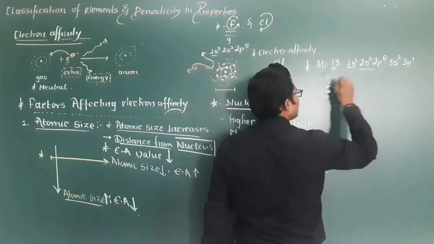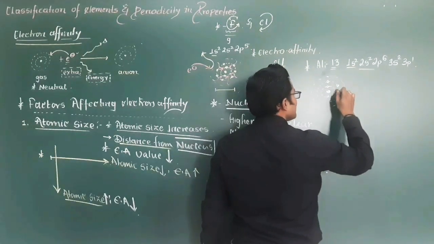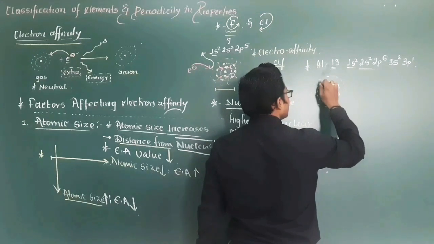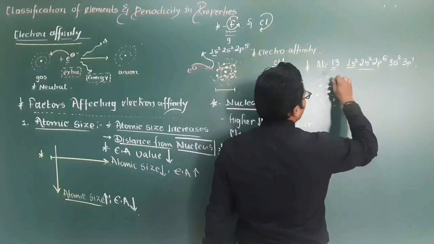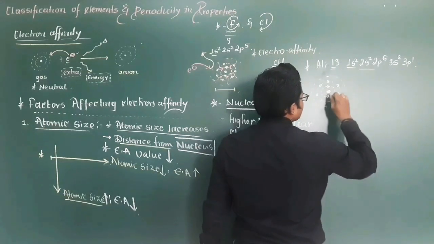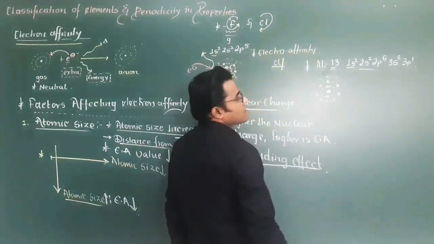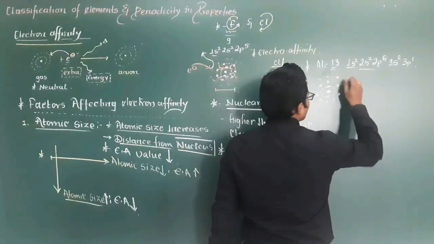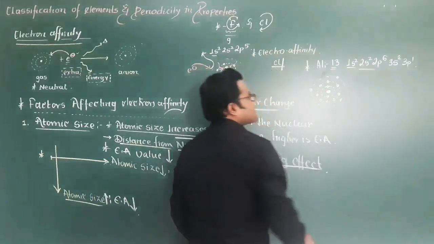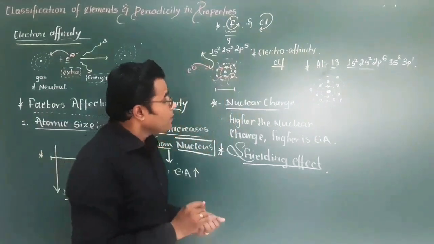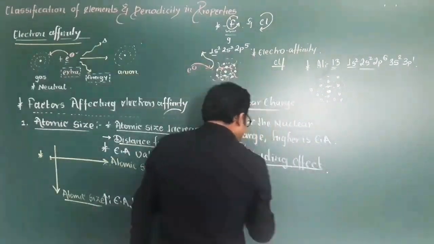In the next case there are 8 electrons, 1, 2, 3, 4, 5, 6, 7, 8. And in the last case there are 3 electrons, 1, 2, 3. Right?